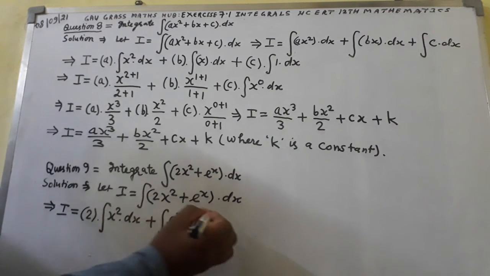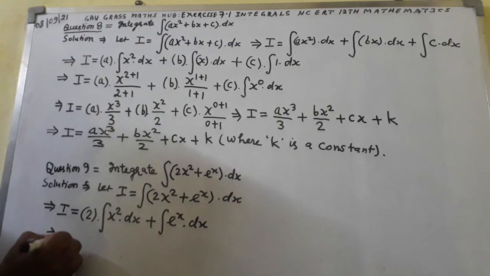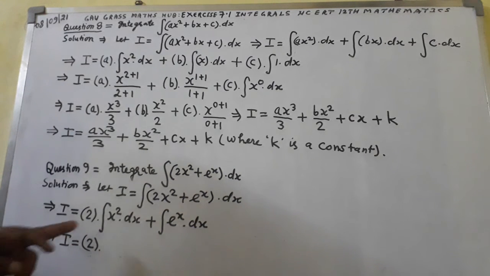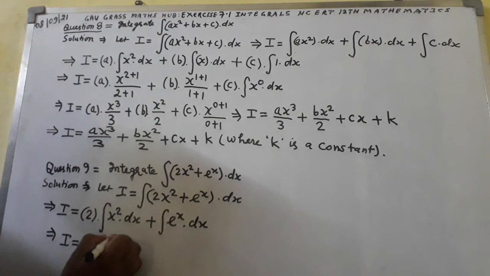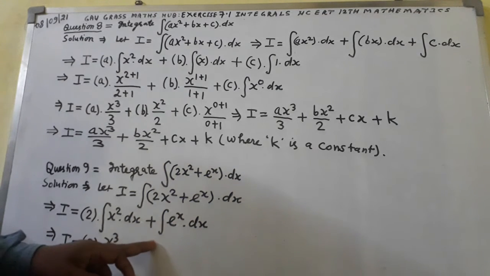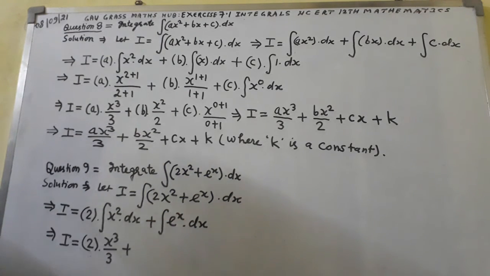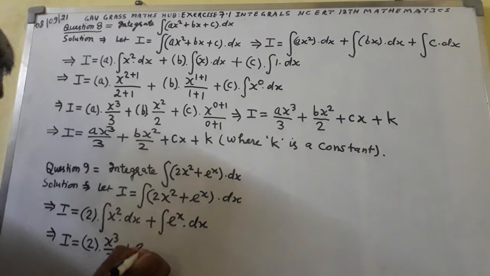Again I shall write implied that I equal to 2 dot integral x square dx comes out to be x cube over 3 plus integral e raised to the power x dx comes out to be e raised to the power x plus c, where c is a constant.